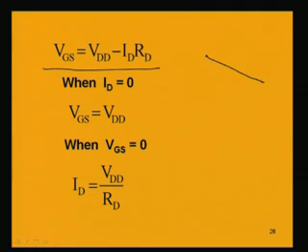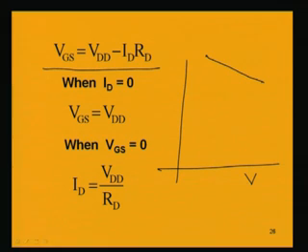The extreme points of the voltage and the current. We are having the axes which are VGS and ID. These are the axes of our interest, because we know that with change of VGS we are changing the drain current.